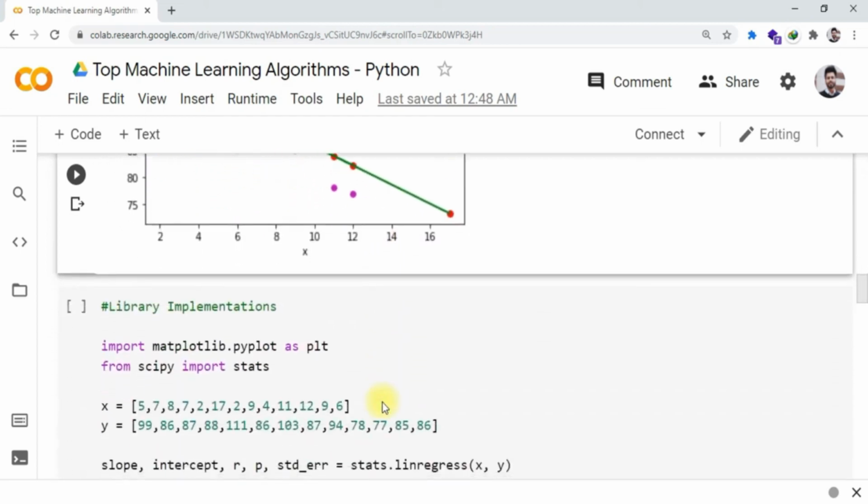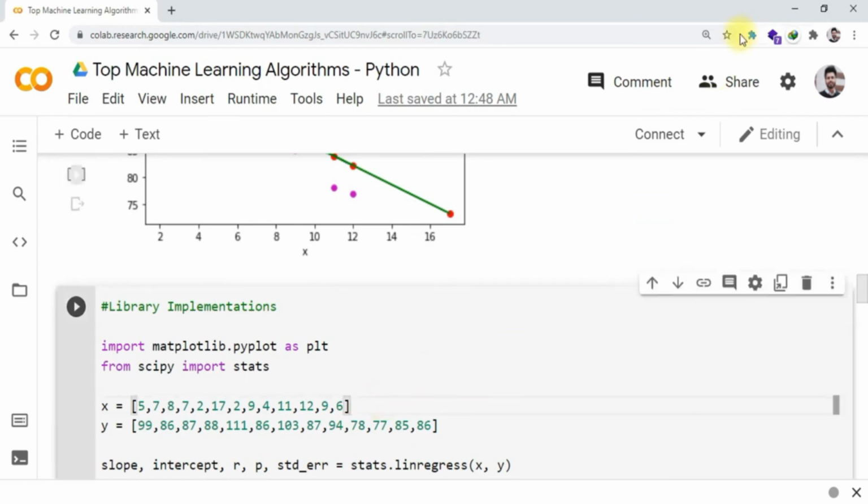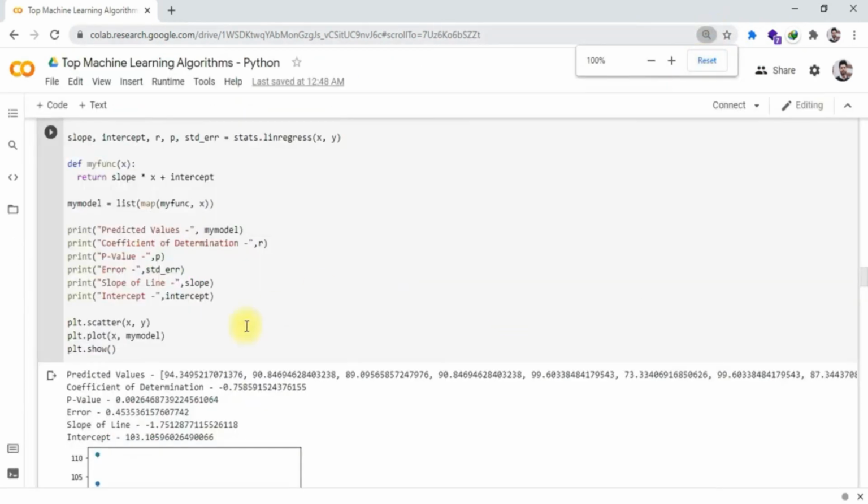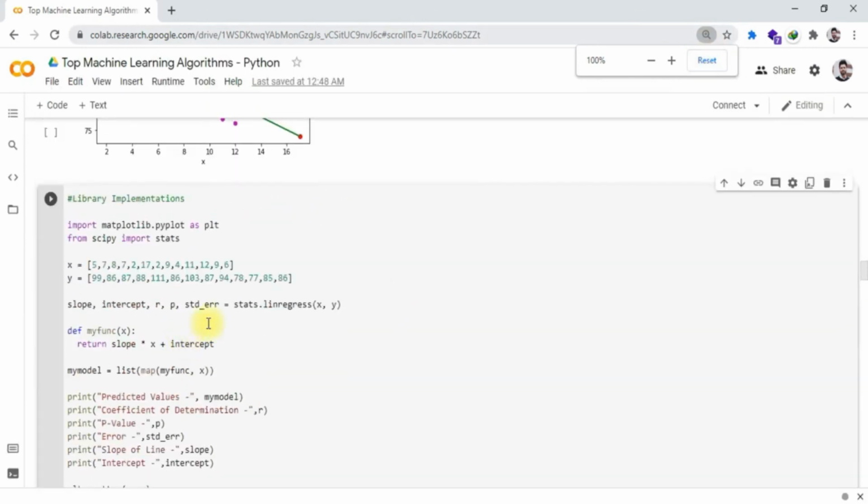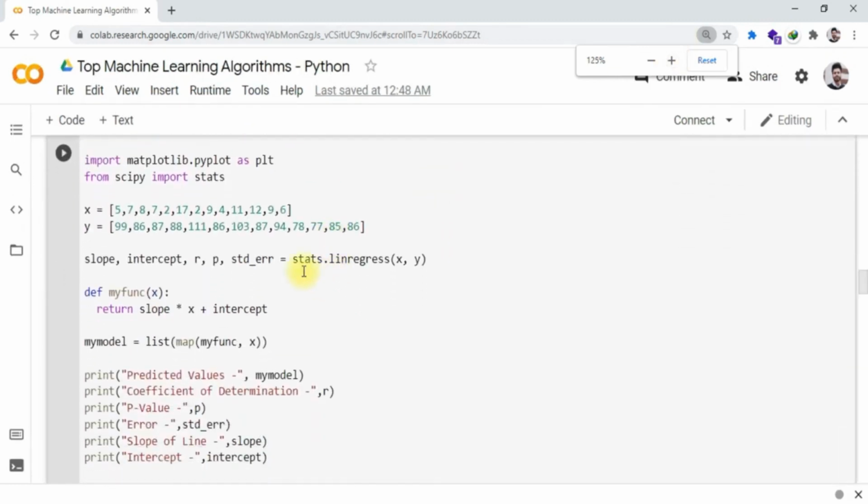Instead of going into this scratch implementation part, we can also use the libraries part here, that stats library. The stats library has an inbuilt function called linregress, which is going to give us very useful information about the linear regression, that is the slope, intercept, r value, p value, standard errors, all the things it will give us.